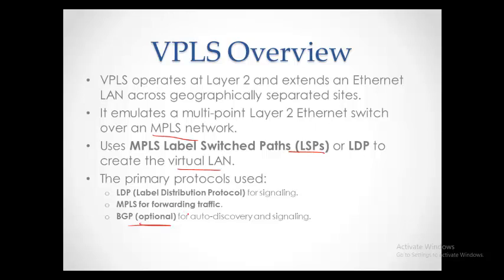You will remember yesterday we did VPWS where we did not have BGP at all. Even for this VPLS, you don't need BGP. BGP is optional. If you want to use BGP to do the three-way handshake and then establish an adjacency, then you need it.